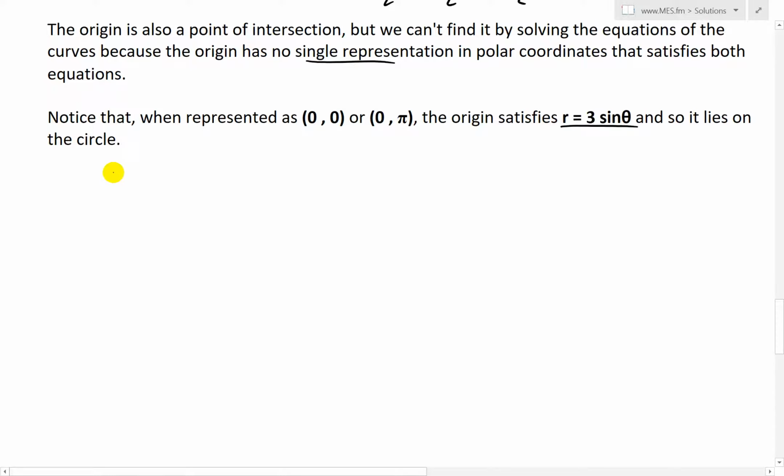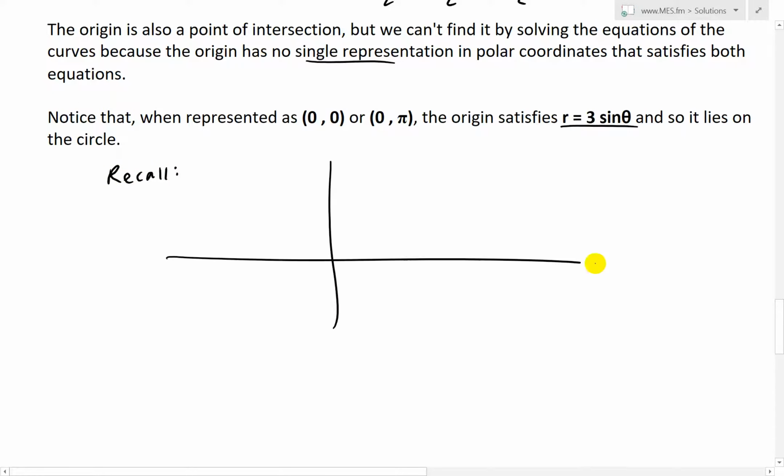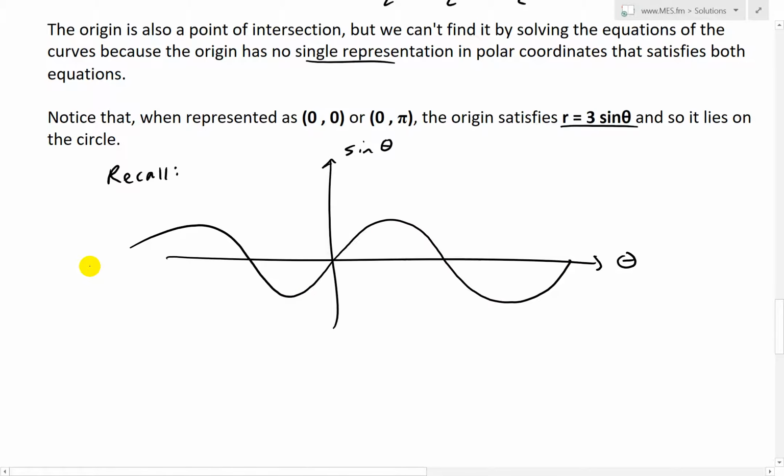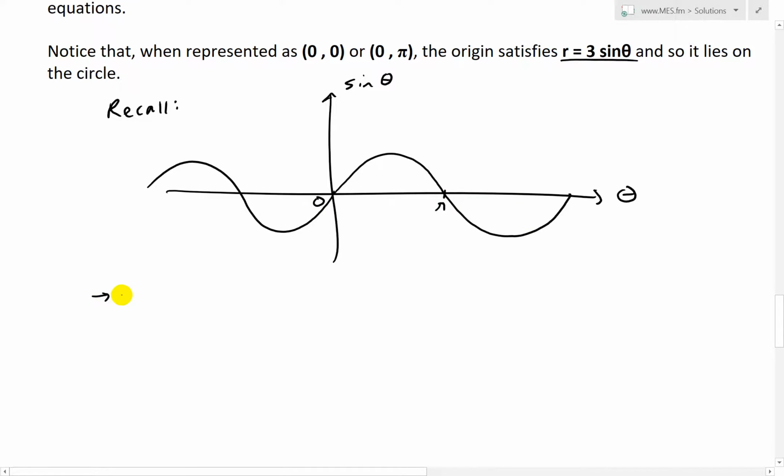First of all, recall the sine function. It looks something like this. This is theta, this is sine theta. It goes up and down like that, and so on. It is 0 here, and this one is at pi, which is also 0. So we have r equals 3 sine 0, which equals 0.